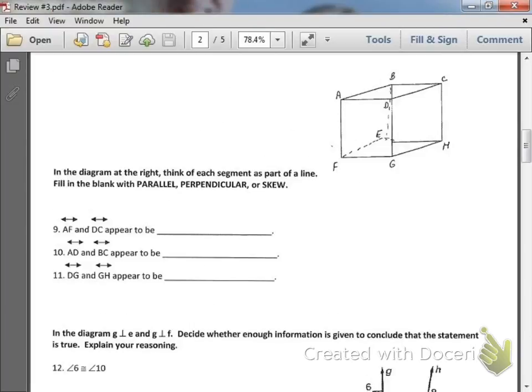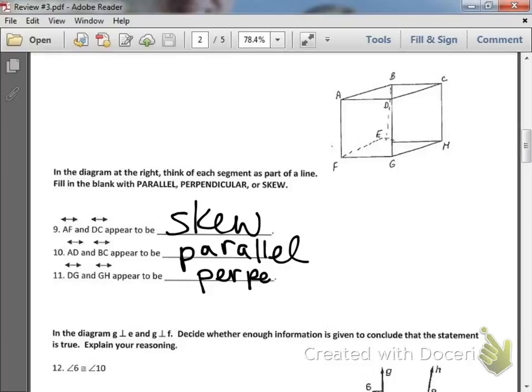All right, second page of the Chapter 3 review. Line AF and line DC appear to be what? Skew, very good. Line AD and line BC appear to be parallel, good. And line DG and GH appear to be perpendicular, good. Do you guys need any more explanation on those?